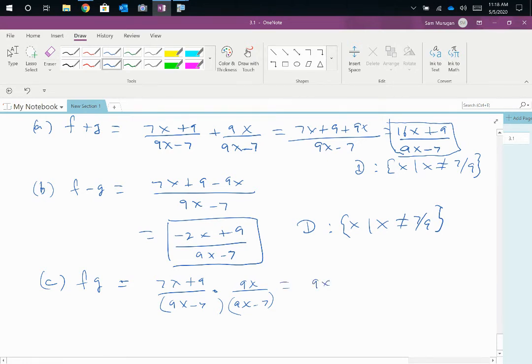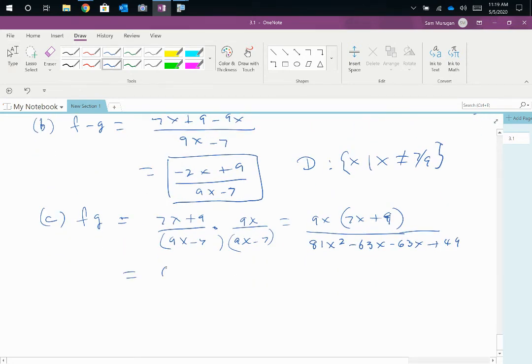So this would be 9x times 7x plus 9. And if we FOIL the denominator, we have 81x squared minus 63x minus 63x plus 49.